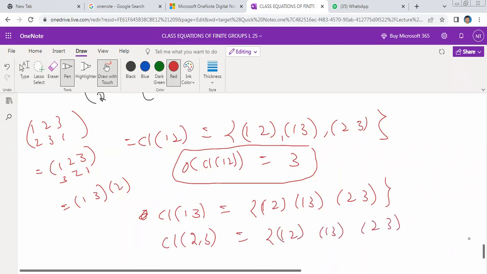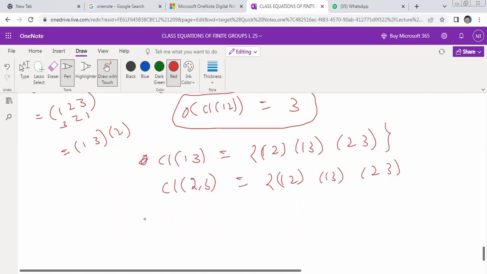These three classifications are same. Therefore classification of (1 3) is same as classification of (2 3), same as classification of (1 2). Whose order of classification of (1 3)? What is the order of classification? 3.